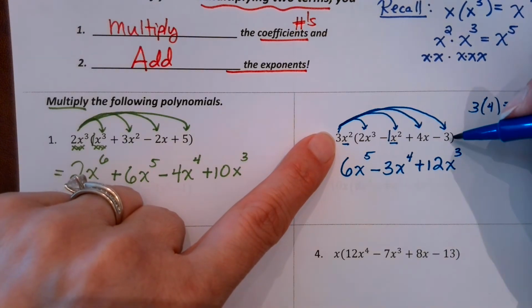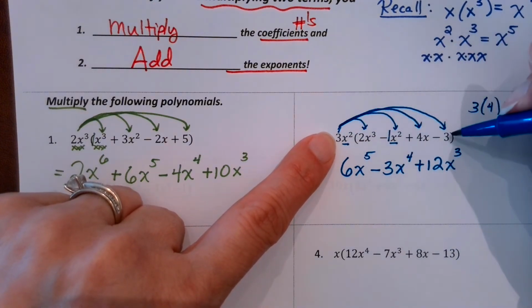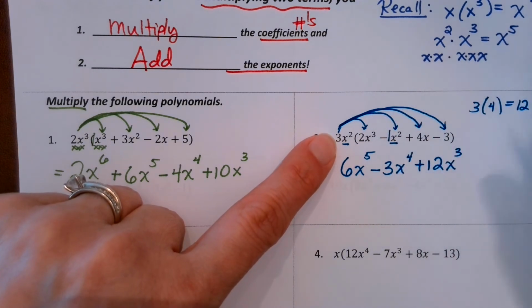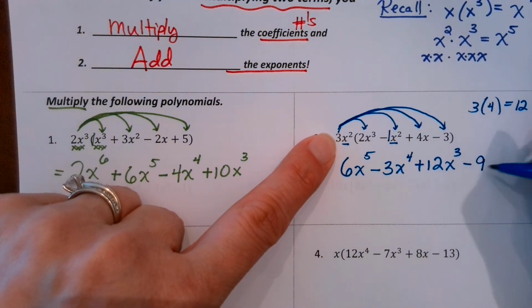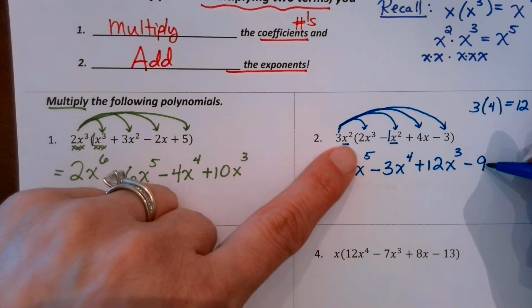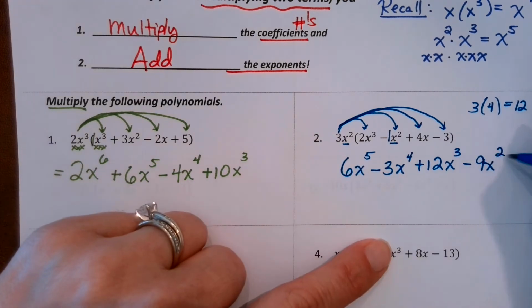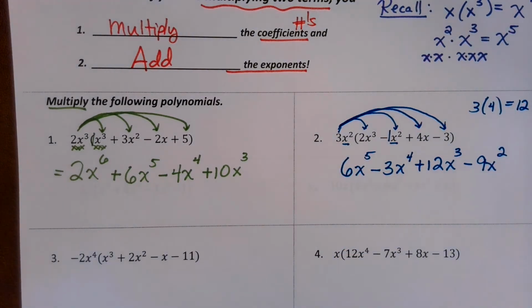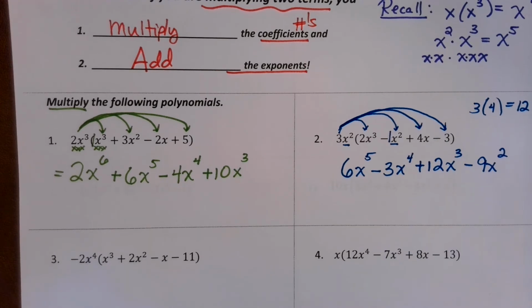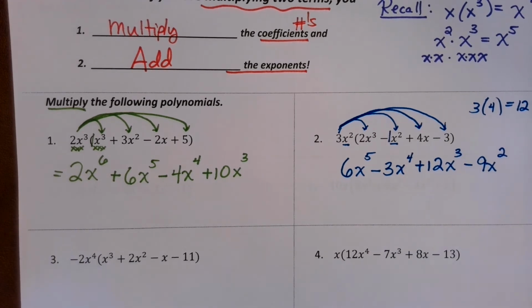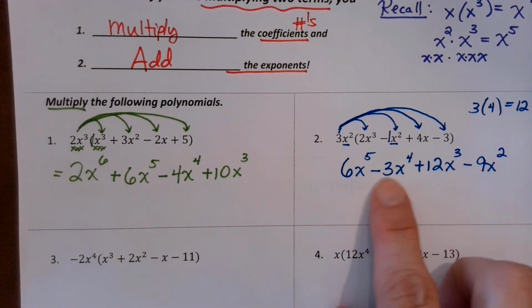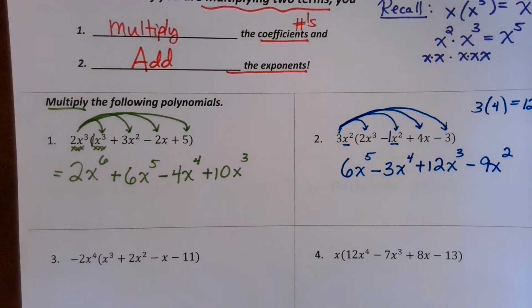Okay, and then the last term. Don't forget to distribute. Okay, 3 times negative 3 is negative 9. And then how many x's? Just x squared. Okay, this is how you distribute into polynomials. None of them are like terms, so we don't have to add anything.